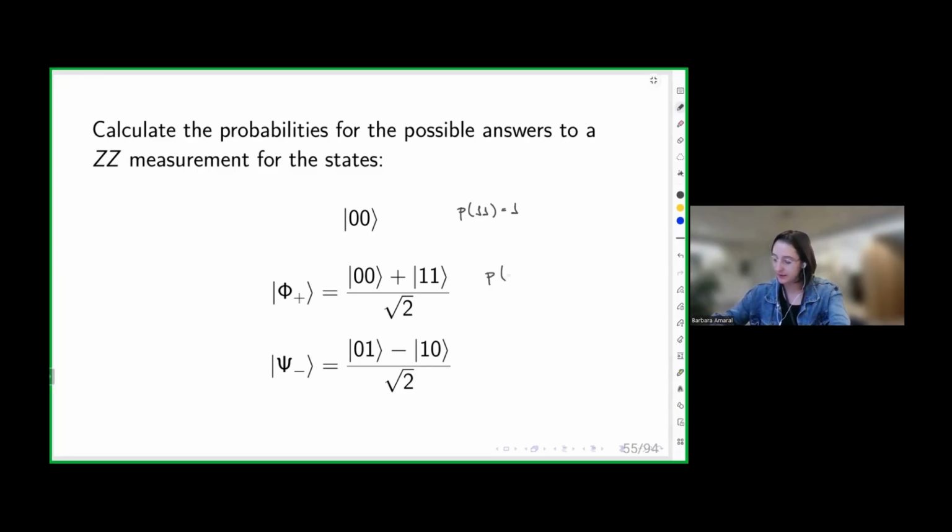Here I have probability of 1, minus 1 equal to the probability of minus 1, 1 equal to 1/2, and the other two equal to 0.